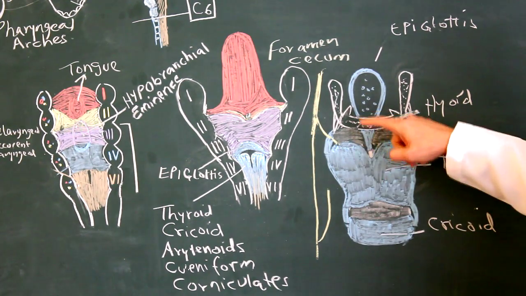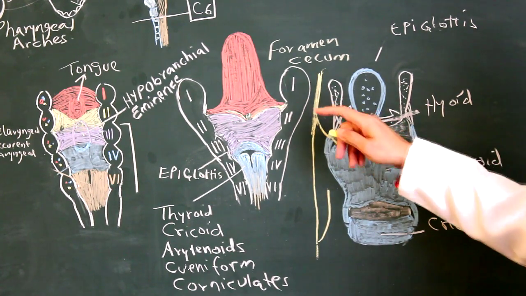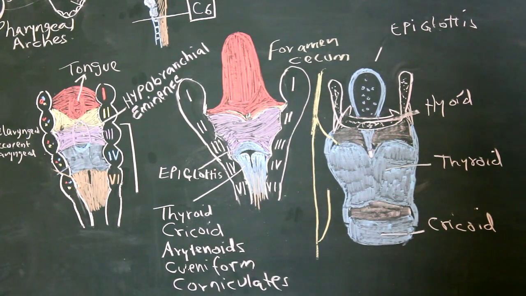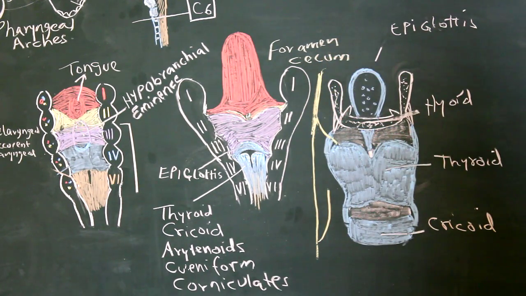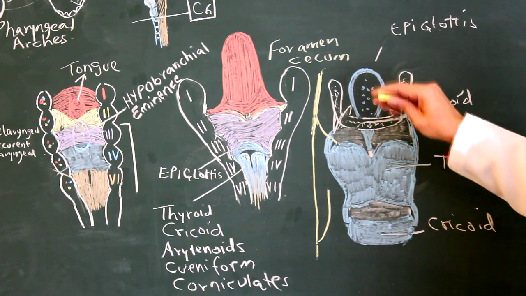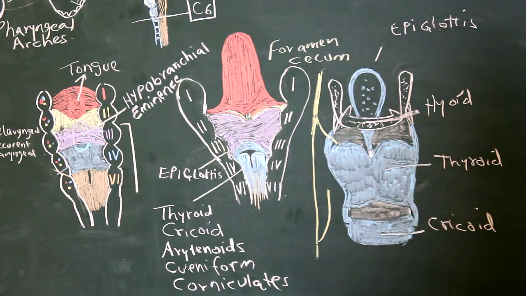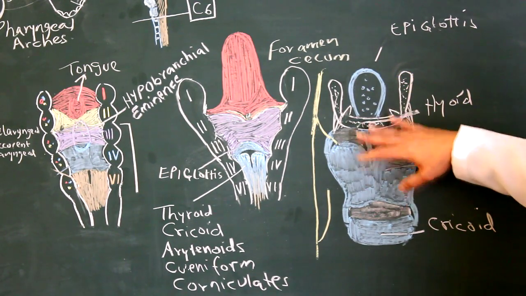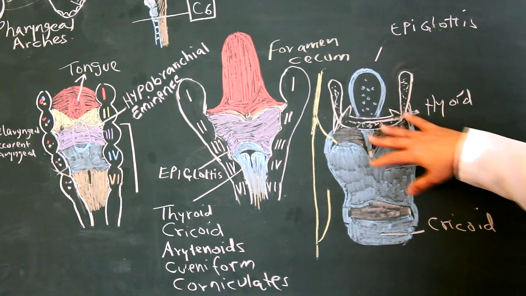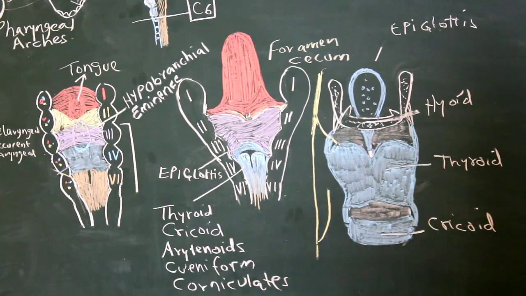So the motor branch from this superior laryngeal nerve will supply the constrictors of the pharynx and will also supply the levator palatini muscle of the soft palate, while the sensory component will go inside. It's the internal laryngeal branch which supplies the mucosa of the larynx from inside, above the level of the vocal cords. I will discuss it in detail when we do the detailed anatomy of the larynx.